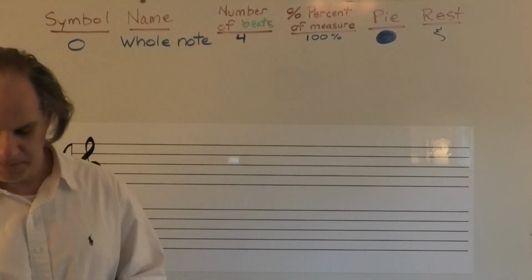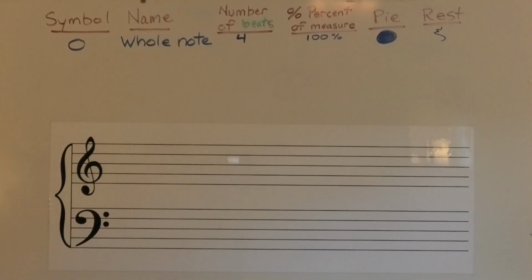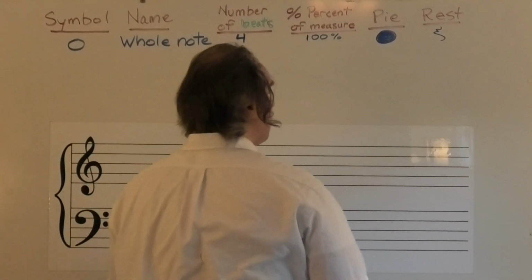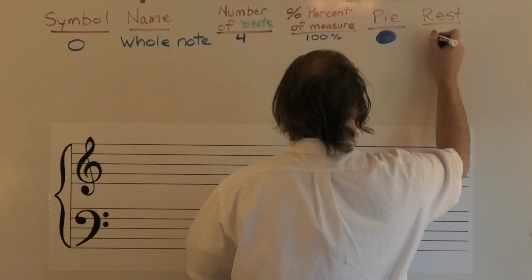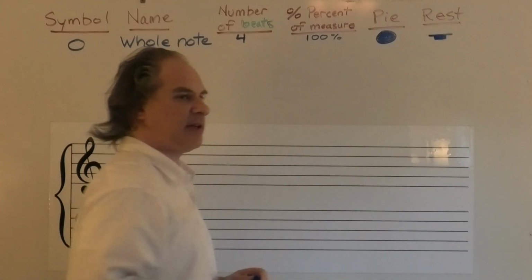Like that. That's the symbol. Whoops, I drew the wrong symbol for the rest. Don't draw that. That is a quarter rest, not a whole rest. A whole rest is an upside down hat. And we can remember it because an upside down hat has a hole in it.